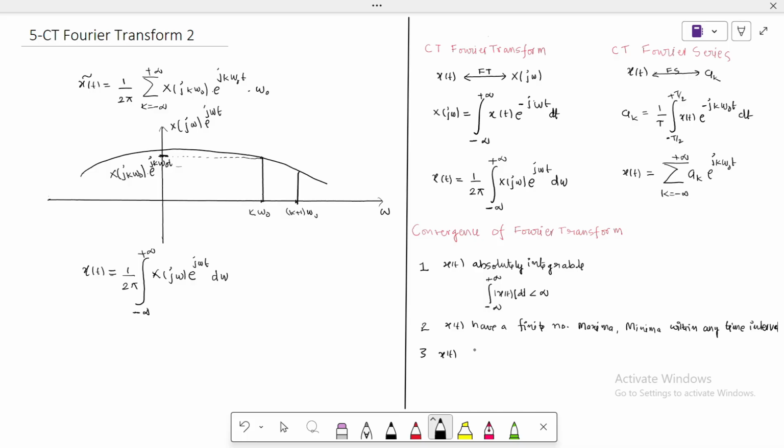So x of t has a finite number of discontinuities within any time interval.